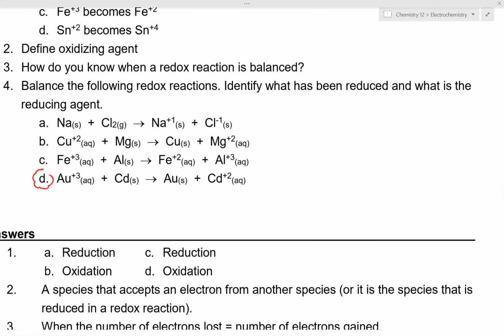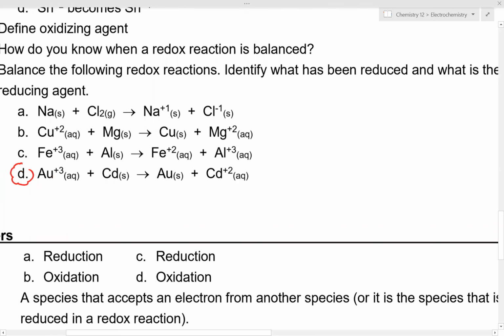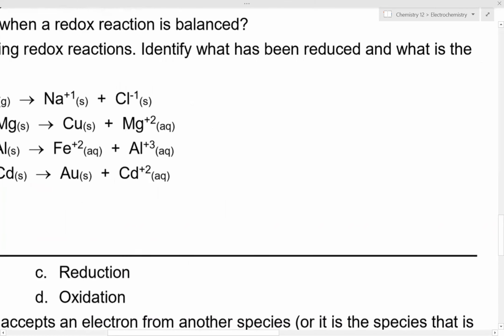First of all, what we need to do is break it down into their major species, or what are the two reactions? Which one is the reduction? Which one is the oxidation? So we have Au 3+ gives you Au, and we have Cd gives you Cd 2+.